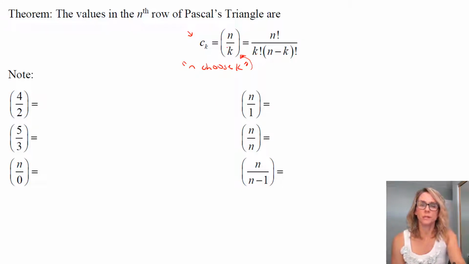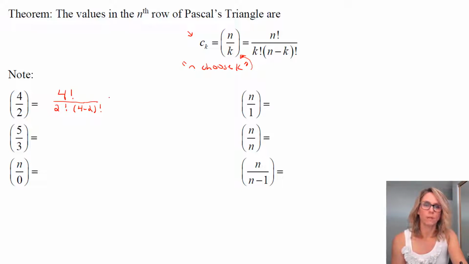And as you can see, it simply says take whatever is the value at the top, the n, take its factorial, and then divide that by the factorial of the k in the denominator, times n minus k factorial. So for example, 4 choose 2 would be 4 factorial divided by 2 factorial times 4 minus 2 factorial.